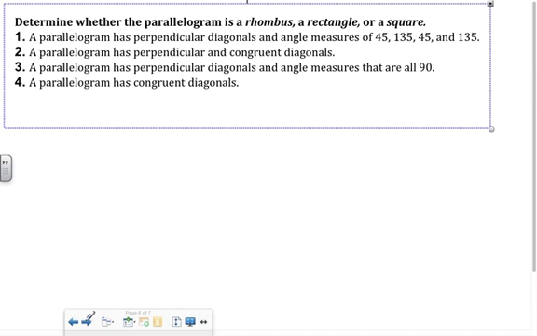In number 1, I have a parallelogram with perpendicular diagonals and angle measures of 45, 135, 45, and 135. Can it be a rhombus? Yes. Can it be a rectangle? No. So if it can't be a rectangle, then it definitely can't be a square. So number 1 is a rhombus.